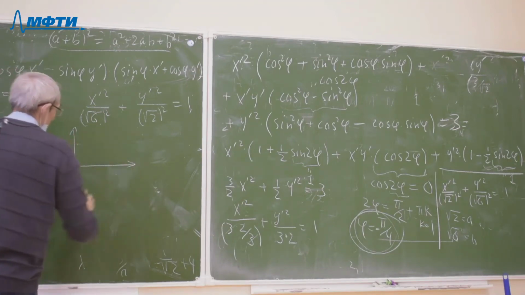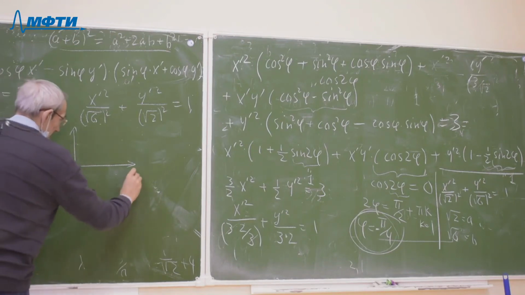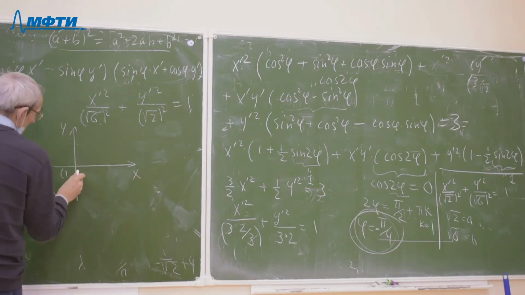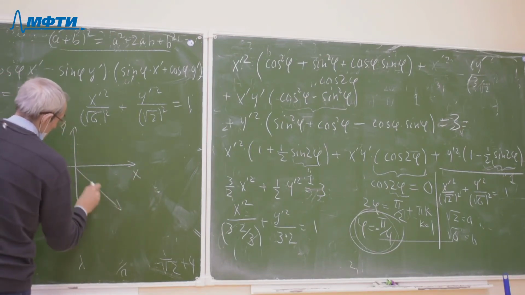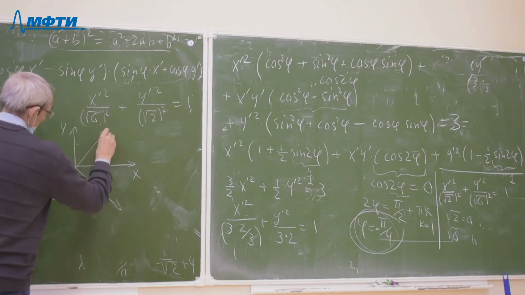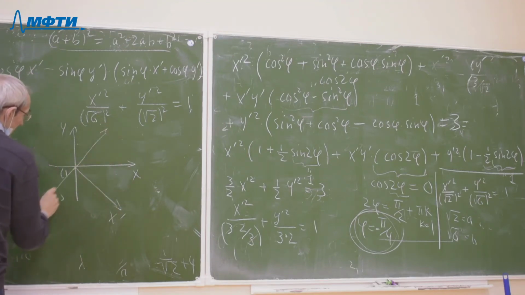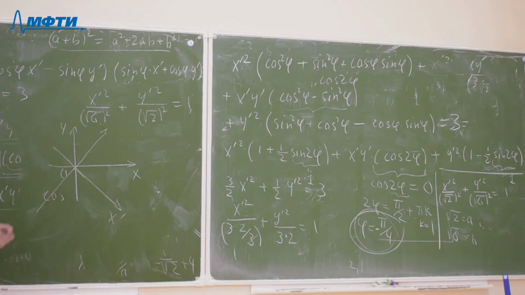We have the initial coordinate system Oxy, and we have the new coordinate system, which is obtained by moving opposite the clock hand, on the angle pi/4.